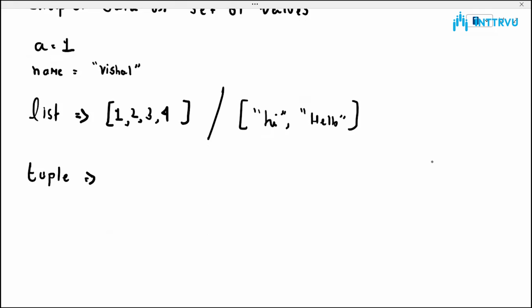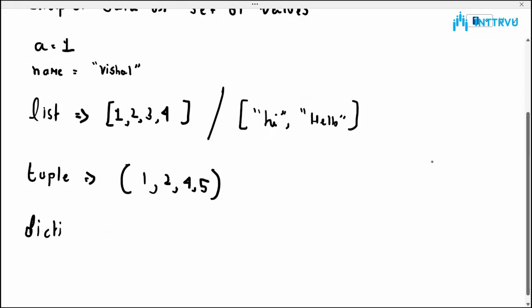You have a tuple, which is indicated by parentheses. So you would store a bunch of values inside the parentheses. You have a dictionary, where you have curly brackets and you store some data inside them, which we will talk about later on.